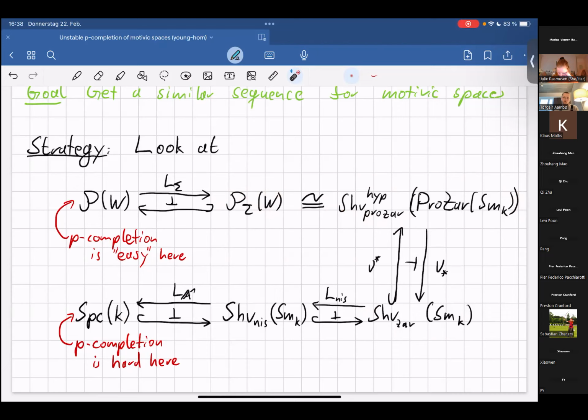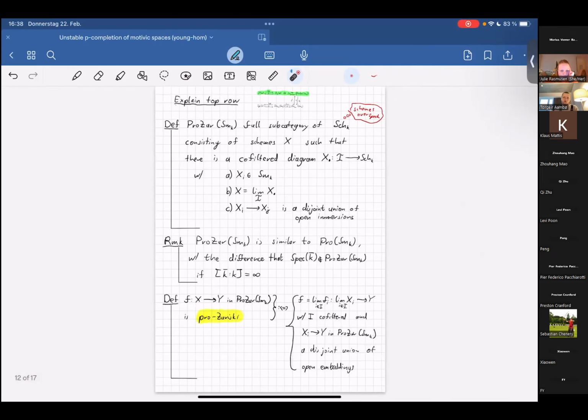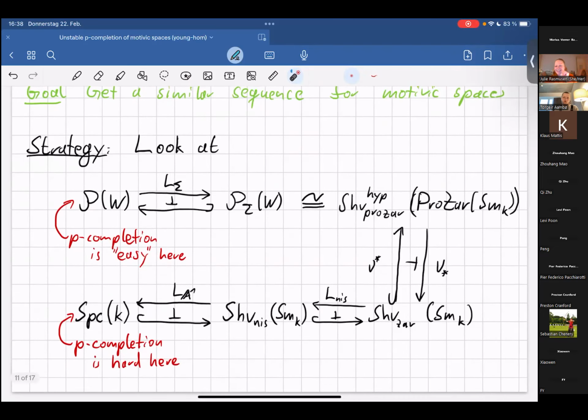And then we can go to a category of presheaves on this W. And here p-completion is easy because in presheaves, p-completion is just p-completion on each level. So this is just p-completion of anima, which we know how to do, and there are no connectivity drops by p-completing. And here W is what? I will come to this, what this W actually is.